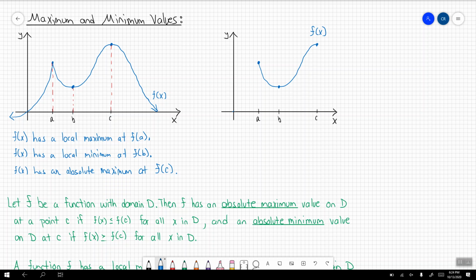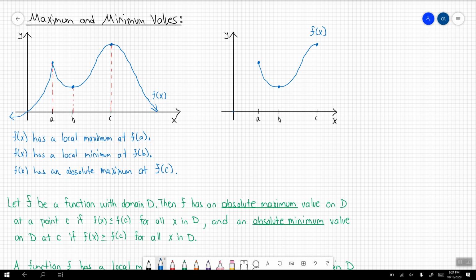However, to be a little bit more precise, f of c is actually the highest point of this function. It's the largest output that this function attains on its domain. Anytime that happens, you have an absolute extrema, meaning that you can either have an absolute maximum or an absolute minimum. In this particular case, it's an absolute maximum.